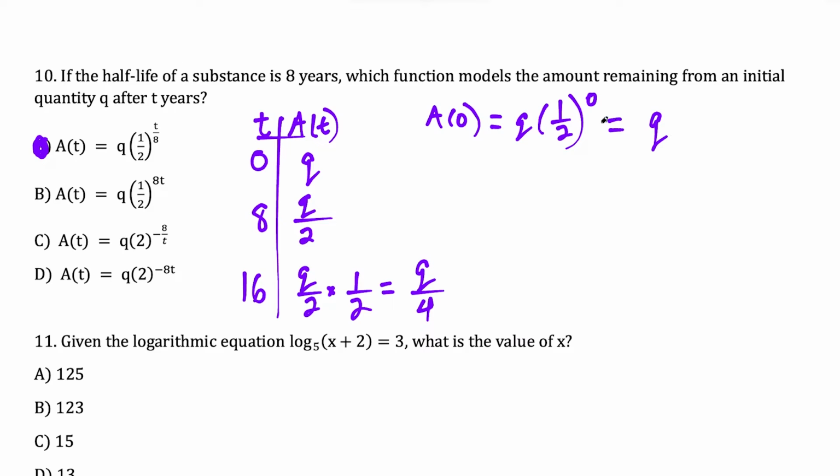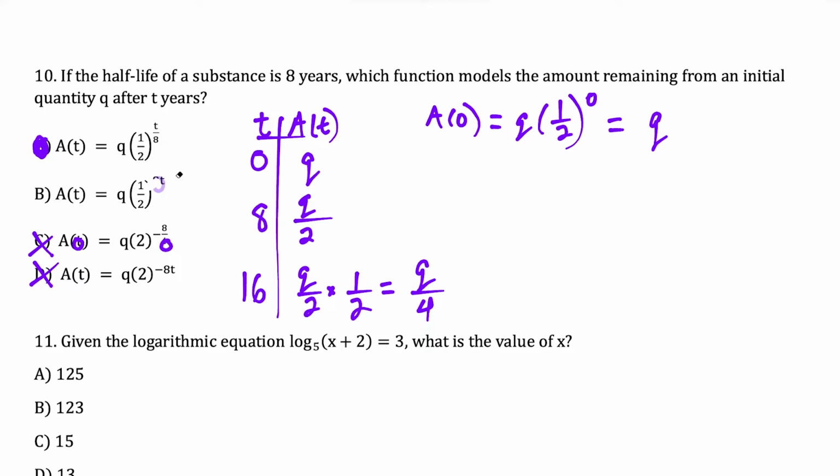So that gives us Q times 1, which is equal to Q. But for the remaining answer choices here, if I plugged in 0 for t, notice that I would have 1/2 to the 0 is 1 times Q, and that would not eliminate choice B. And same thing, if I plugged in 0, this would give me 2 times Q is 2Q. So right away, I could see that choice D is definitely no good. Okay, so choice D is out. And if I plug in 0 for t here, we have division by 0, and dividing by 0 is undefined. So C is also out.